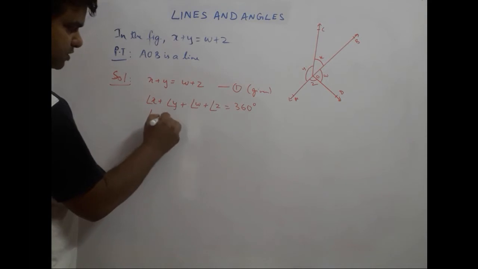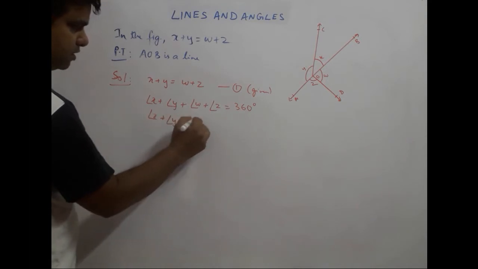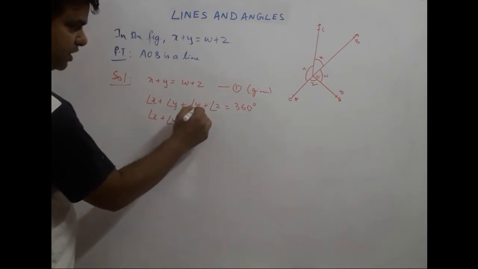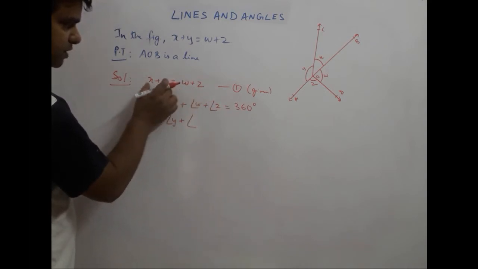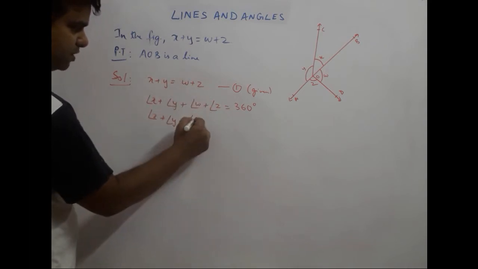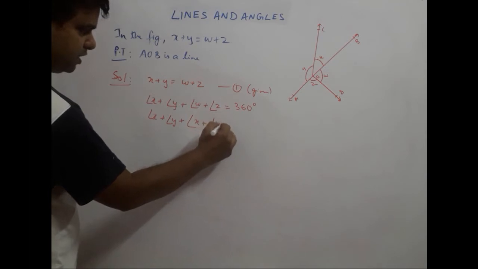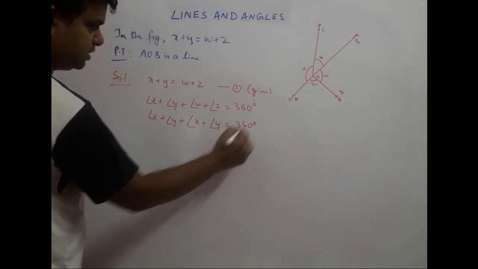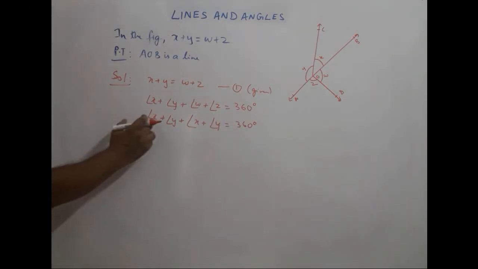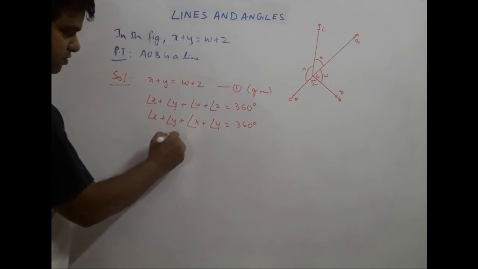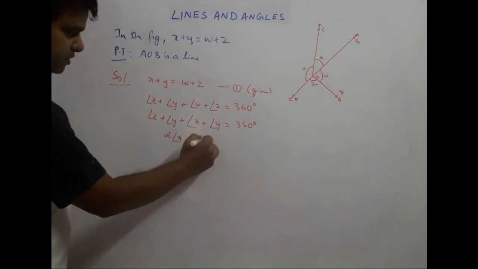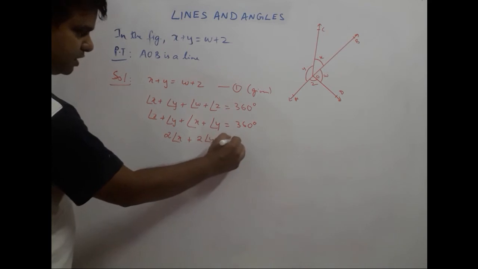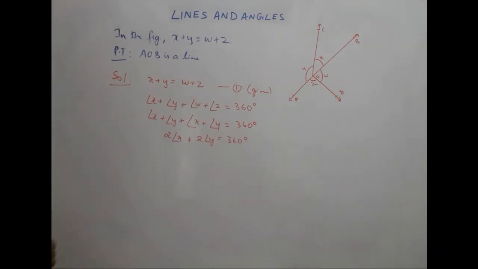So x plus y, but instead of writing w plus z, we will write x plus y, because x plus y is equal to w plus z. So we'll write once again x plus y equal to 360 degrees. So now if we add these two, we'll get 2 times angle x plus 2 times angle y equal to 360 degrees.